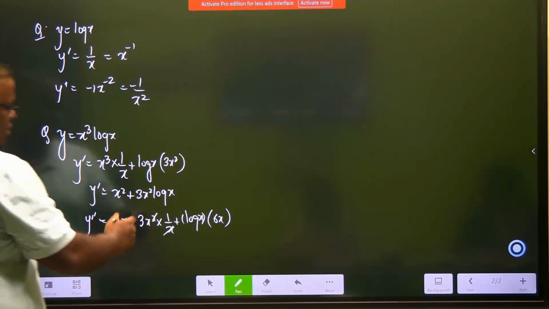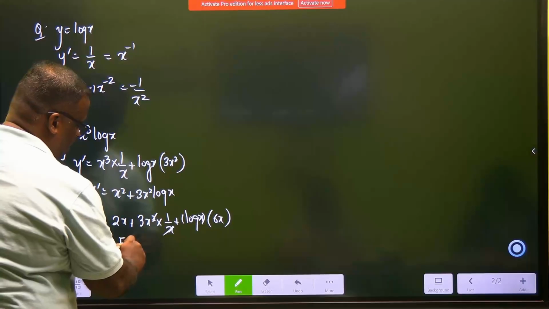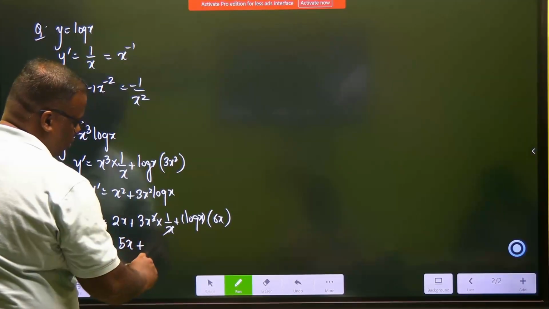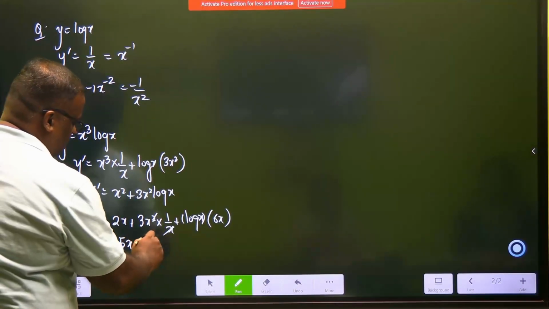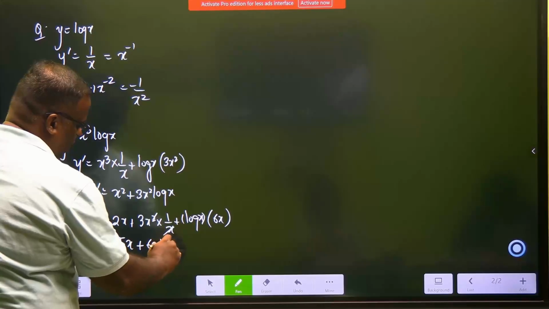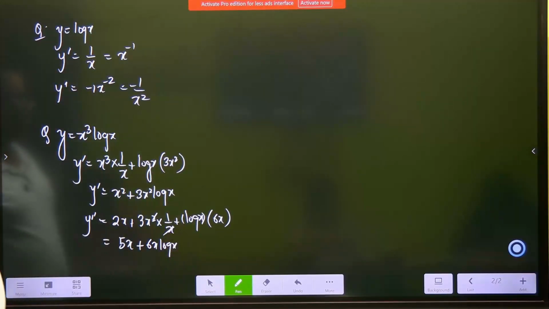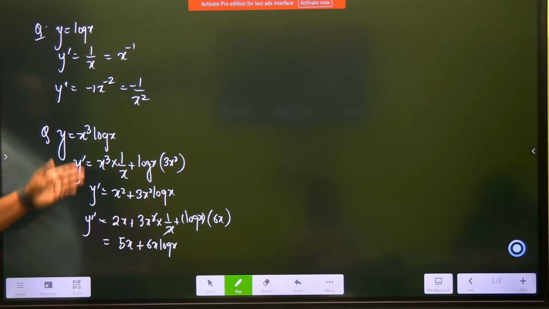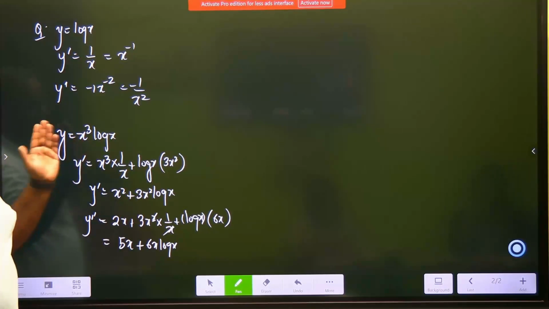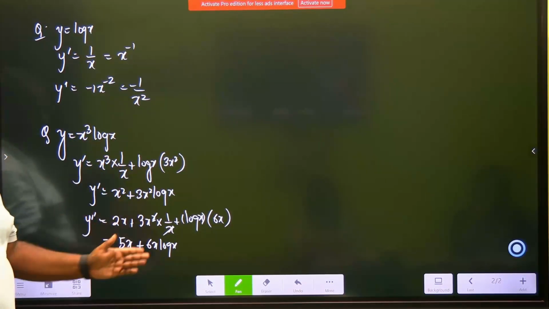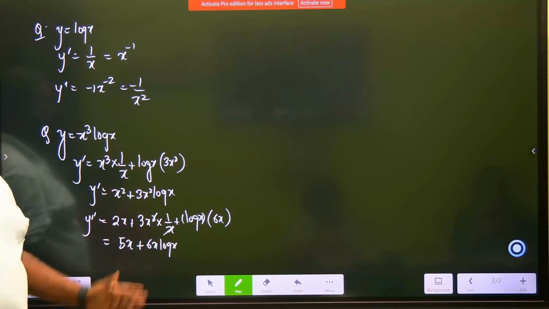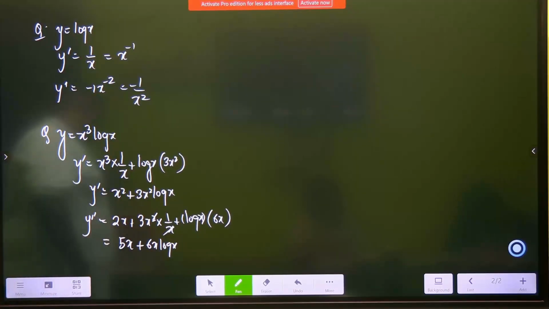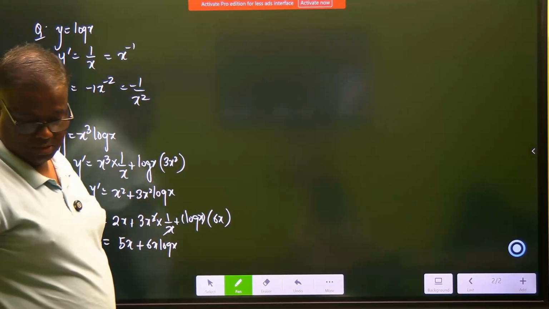So this becomes 5x plus 6x log x. Look here, you started with a cube. Differential gave you square, square to linear.